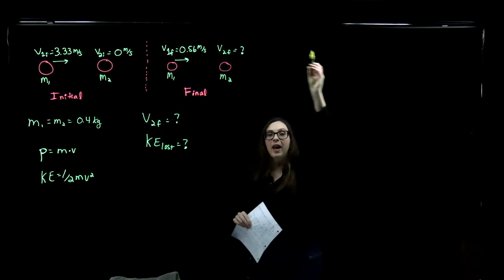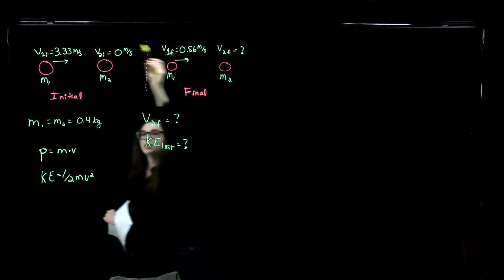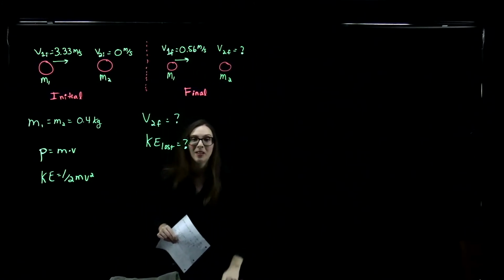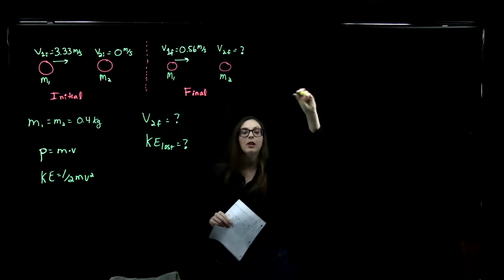The sum of all the momentums in our initial system must equal the sum of all the momentums in our final system. So it'll look like this.